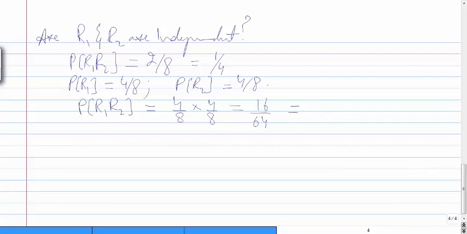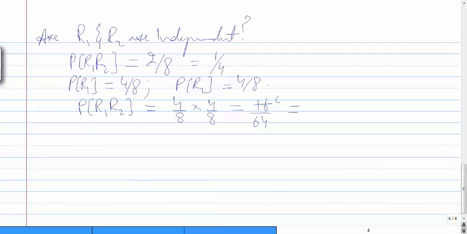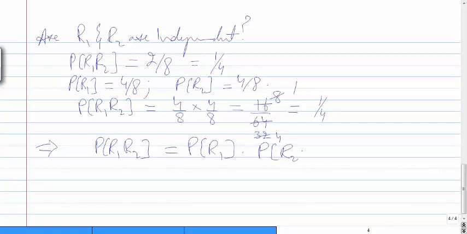If I do a simplification here, it becomes 1 by 4. So hence this implies the probability of R1 R2 is equal to the probability of R1 times the probability of R2.